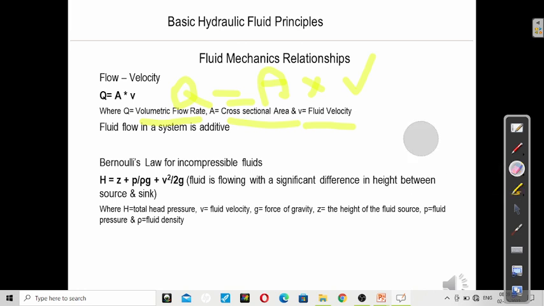We can see Bernoulli's law for incompressible fluid: H equals Z plus P divided by rho G plus V squared by 2G, which applies when the fluid is flowing with a significant difference in height between source and sink, where H is the total head pressure, small v is the fluid velocity, G is the force of gravity and Z is the height of the fluid source.